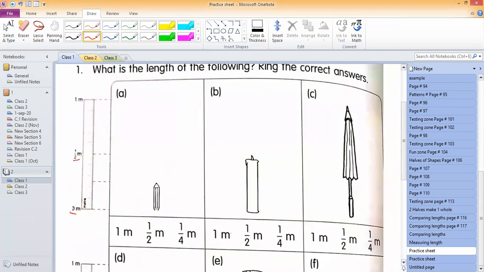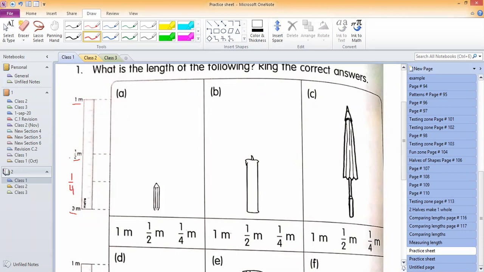This is half meter and this is 1 meter. This is half meter, this is 1 meter and this is quarter meter. It is not written, but I am writing it here. We have already studied half and quarter.